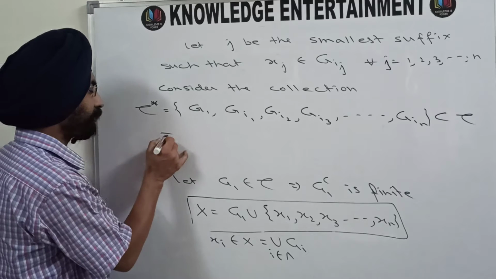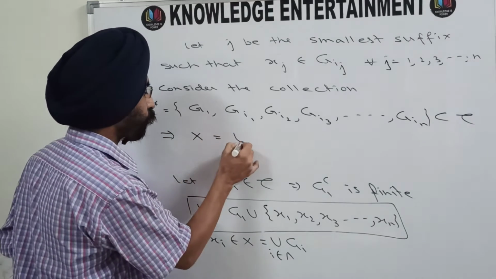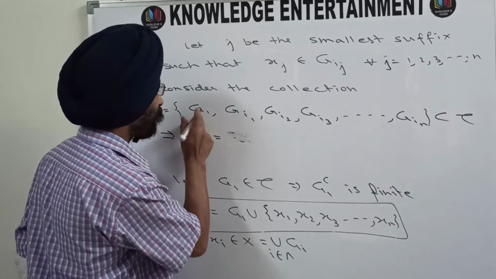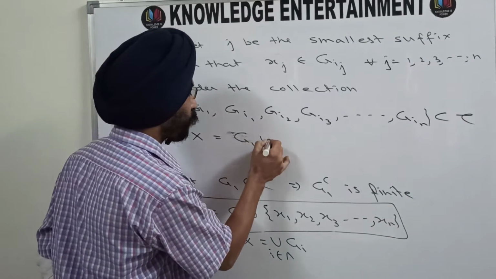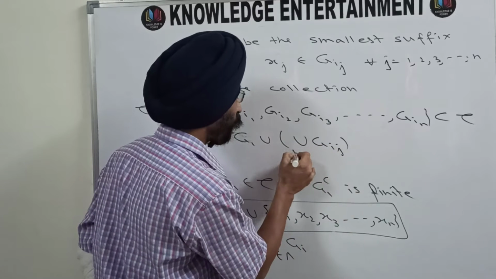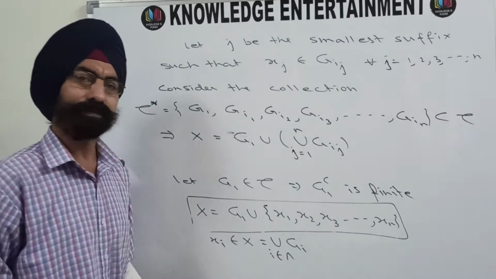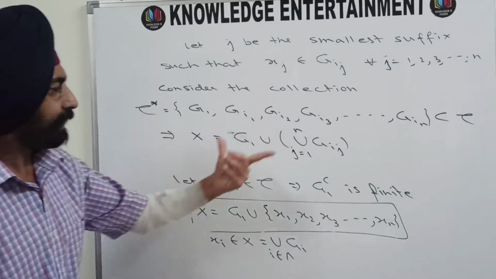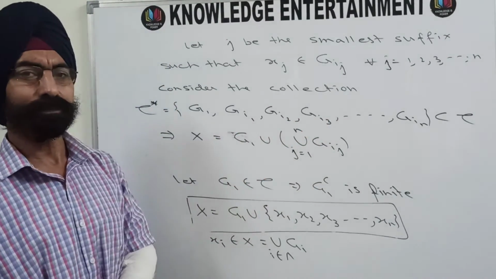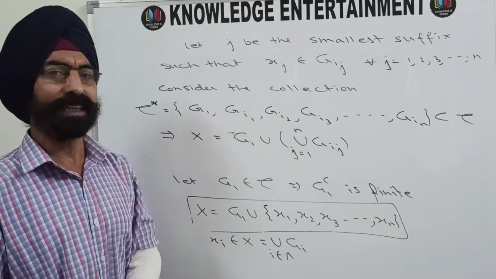So you can say X is equal to G1 union with the union of these Gij's, where j is varying from 1 to n. So this is also an open cover, and since it contains a finite number of members, it is a finite cover.